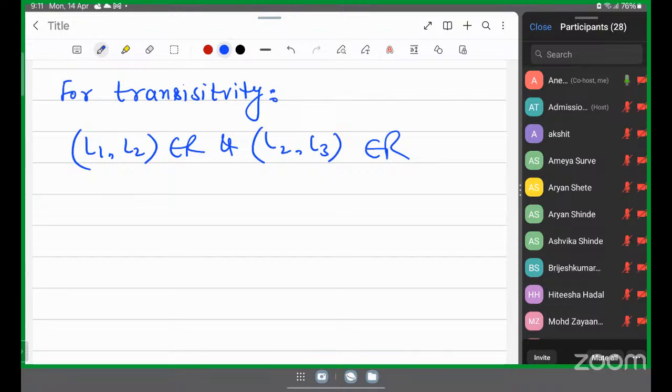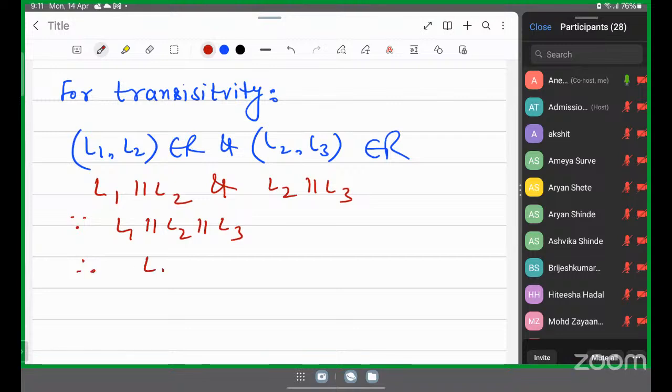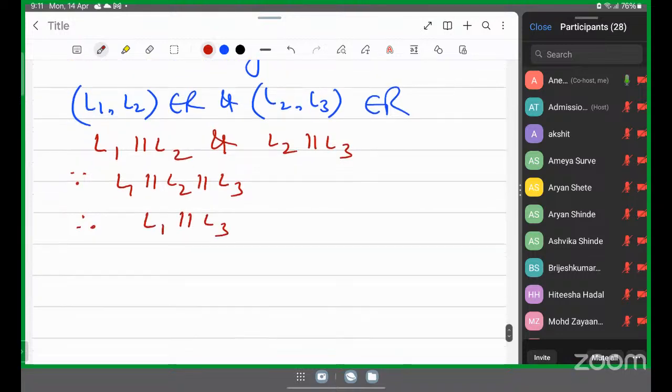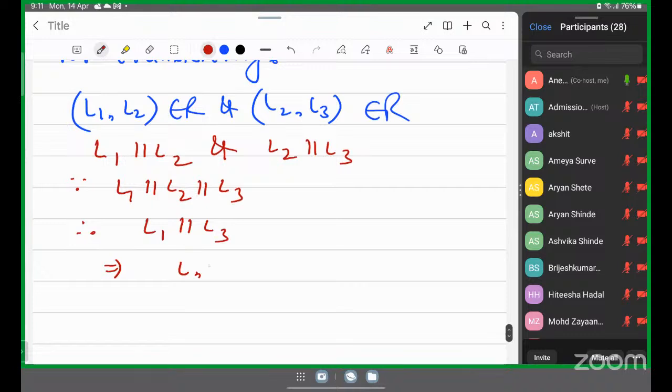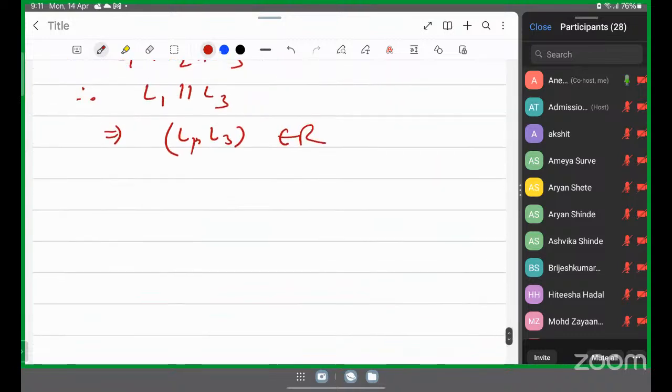Since (L1, L2) belongs to R, line L1 is parallel to line L2. And (L2, L3) also belongs to R, which implies that L2 is parallel to L3. Since L1 is parallel to L2 and L2 is parallel to L3, therefore L1 will also be parallel to L3, which implies that (L1, L3) will also be in relation R, which indicates that the given relation is transitive also.